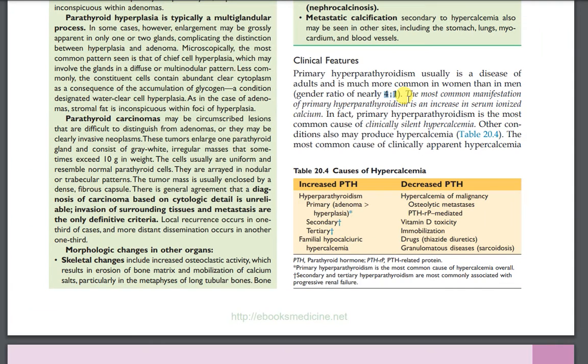But it becomes very obvious in females after menopause. That's why this gender ratio is 4 to 1. Maybe males and females are affected similarly, but in males testosterone, which also takes part in calcium exchange in the body, is almost always at the same level. That's why we much more rarely see hyperparathyroidism.